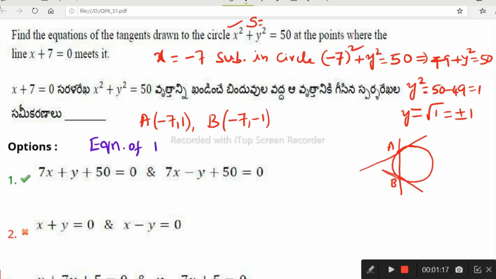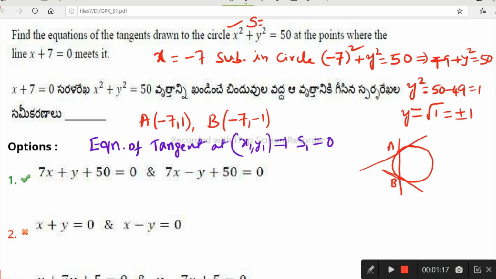Equation of tangent at some point (x1, y1) is S1 is equal to 0 with respect to the circle S. Here S is x square plus y square is equal to 50.